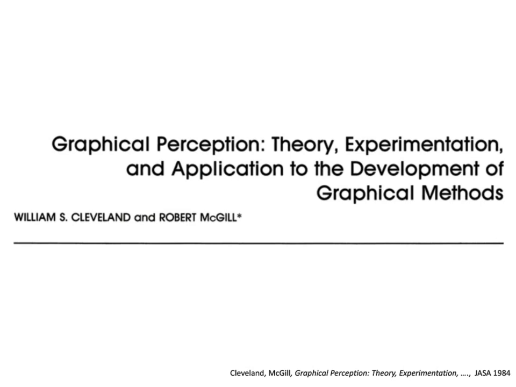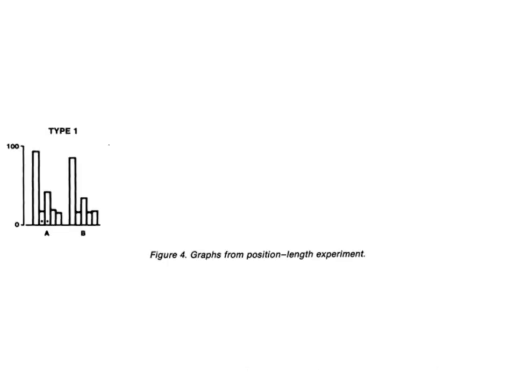What they did was basically look at a large number of techniques, certainly things that people had been doing at that time in statistical graphics. Bill Cleveland comes from the statistical graphics area, and he's still actually active in that area.